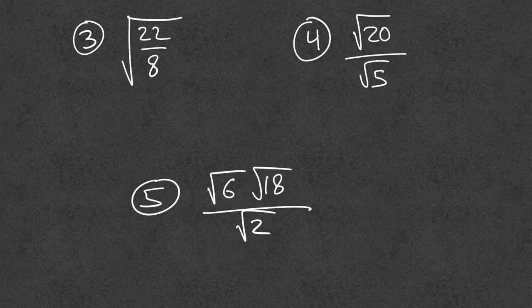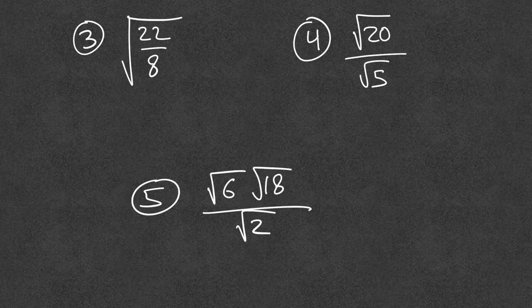Let's do 3 more problems here. So in number 3, what we'll notice is there's no perfect squares right now, 22 or 8. So splitting it up at this point doesn't make any sense. So you always want to try to reduce a fraction if you can. I can reduce this fraction, 22 over 8, by dividing them both by 2.